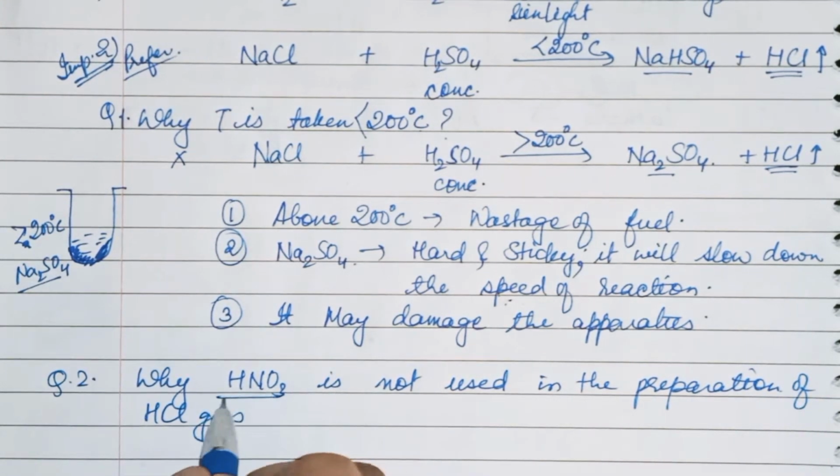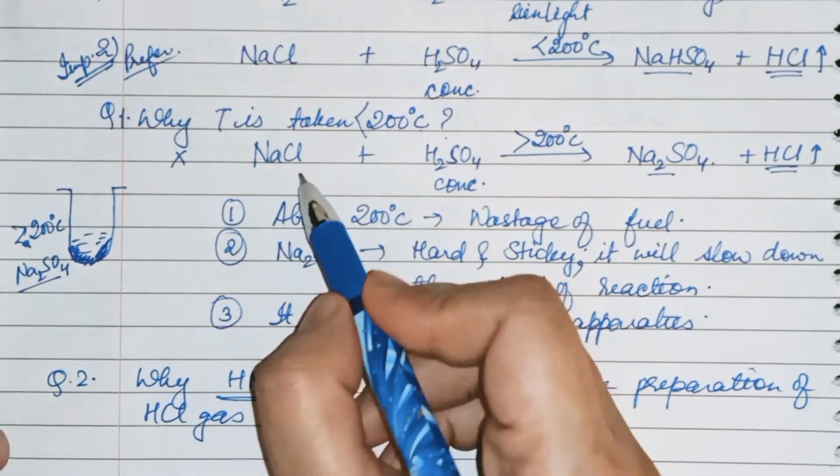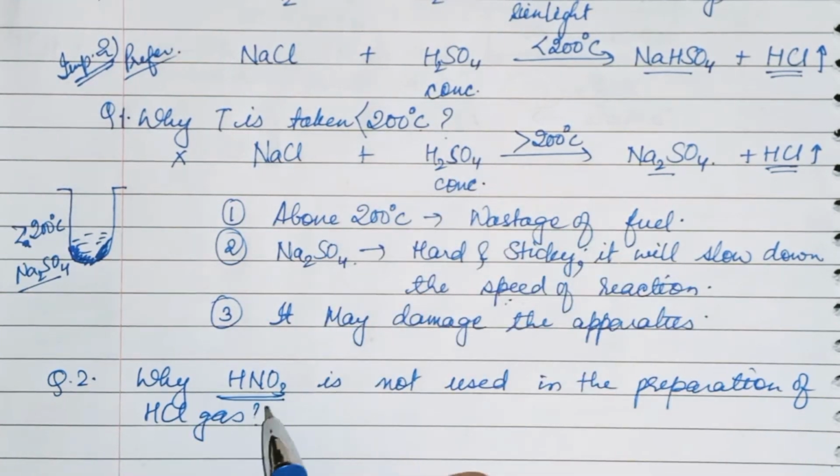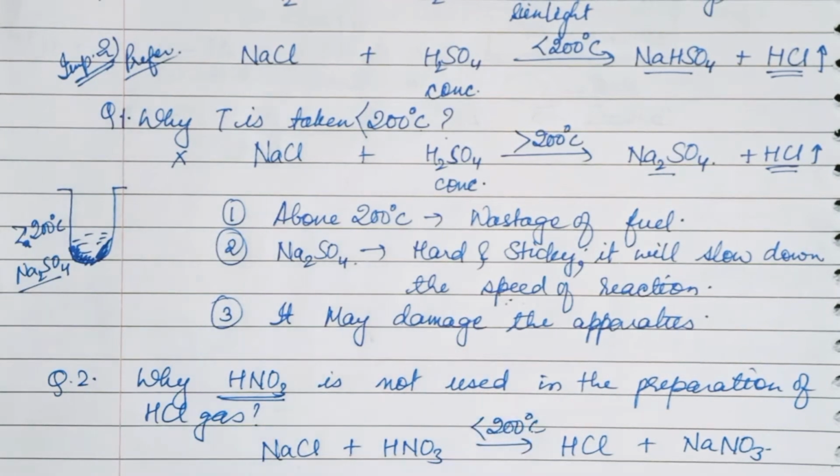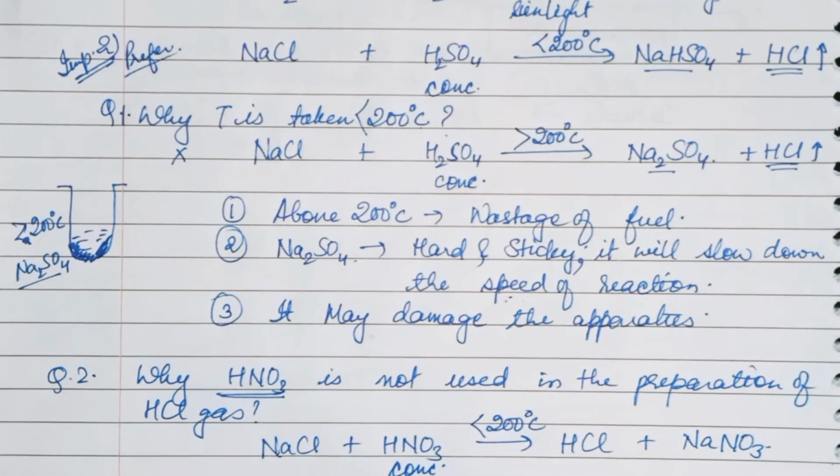It is also an acid. The reaction is like this: NaCl plus HNO3 will give HCl and NaNO3. Here the temperature will be below 200 degrees Celsius and concentrated HNO3 is taken.